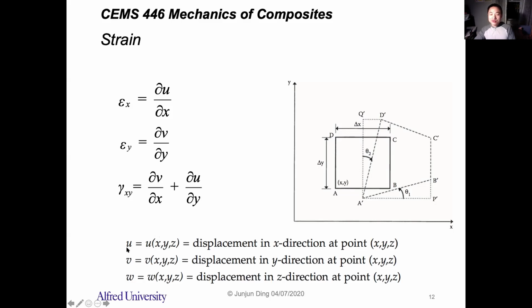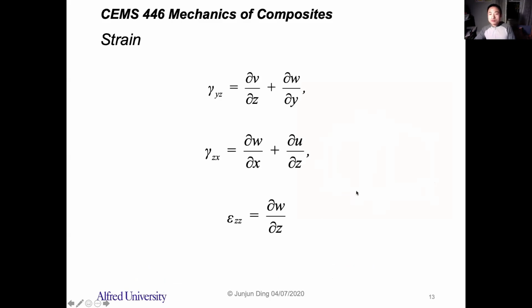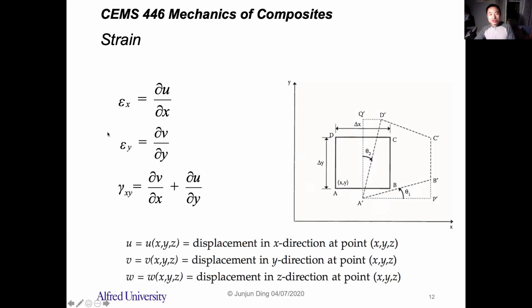And to be clear, those displacements u, v, which are in the x direction, y direction, can be a function of x, y, and z, right? If we consider the 3D domain, and that's why you may have a shear strain in the x, y, y, z, or x, z. And w usually shows the displacement in the z direction, right? Similarly to this one, it's shown here.